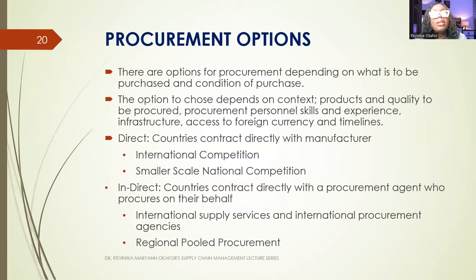Now, procurement options. There are options for procurement depending on what is to be purchased and the condition of purchase. The options to choose depend on contents, the product and quality to be procured, the procurement personnel skills and experience, the infrastructure on ground, the access to foreign currency, and timeline.